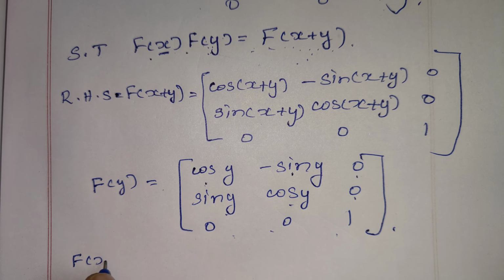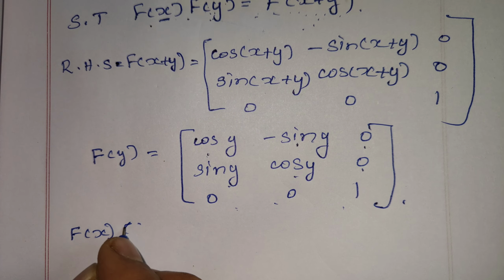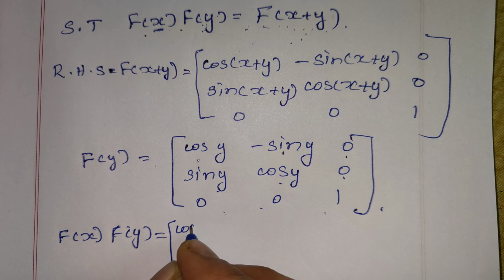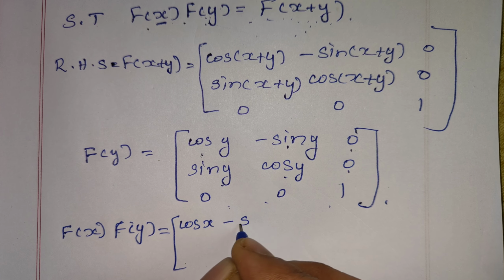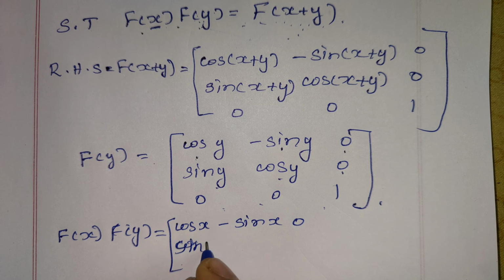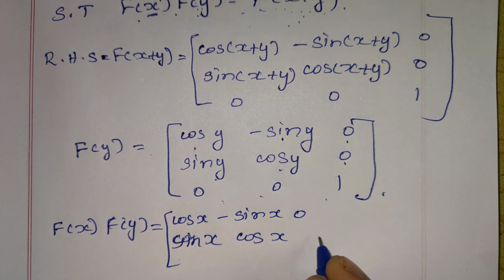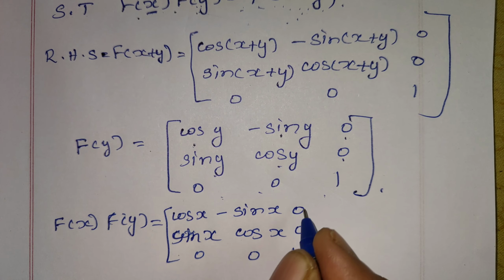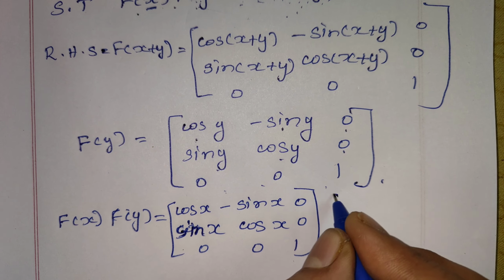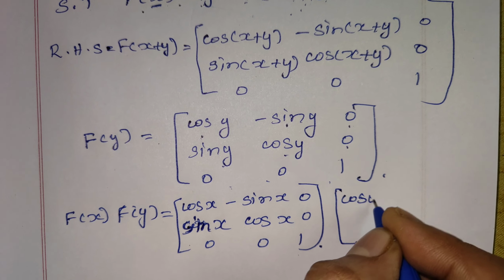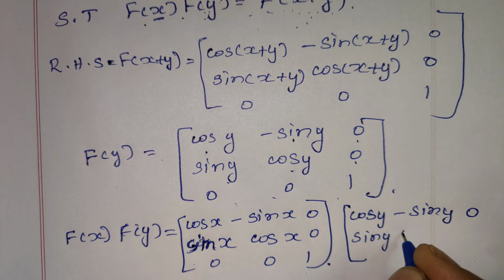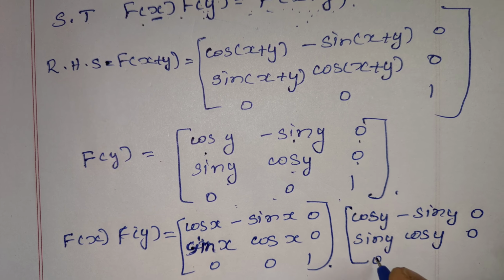Now we are going to do the LHS, that is f of x into f of y. So first you have to write f of x, that is cos x, minus sin x, 0; sin x, cos x, 0; 0, 0, 1, then cos y, minus sin y, 0; sin y, cos y, 0; 0, 0, 1.